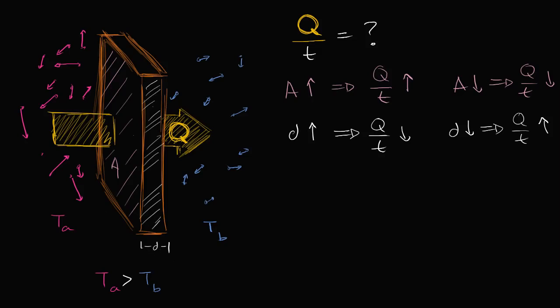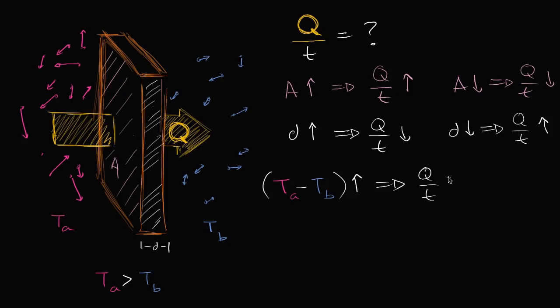Now, what else could we think about? Well, we could think about the temperature differential. The temperature differential, that's T sub A minus T sub B. Well, if this temperature differential were to go up, what's going to happen? It's common sense that if this is way hotter than what we have on the right, we're going to have more heat transferred per unit time.